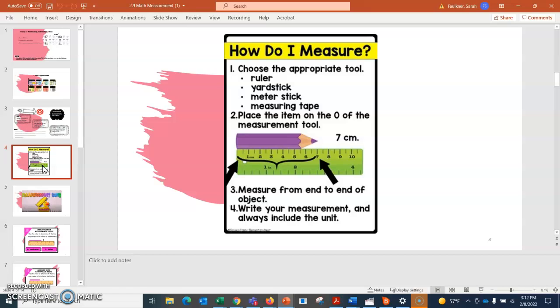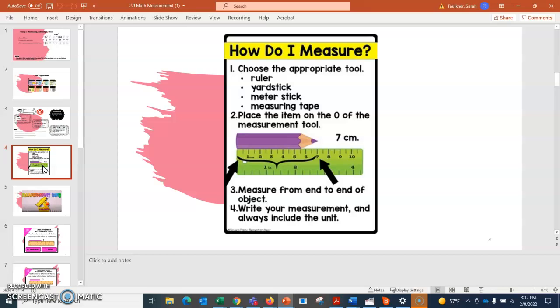So we have to really remember, how do I measure? There are a few rules that we have to follow to make sure that we're doing the right thing and we get correct answers. So the first thing is we want to choose the appropriate tool. There's a ruler. You want to use a ruler for things that are smaller than 12 inches.